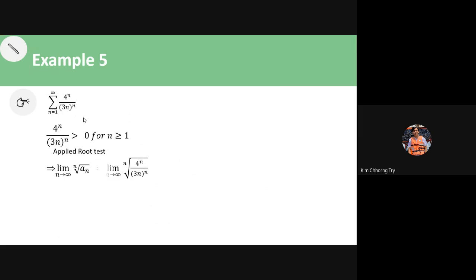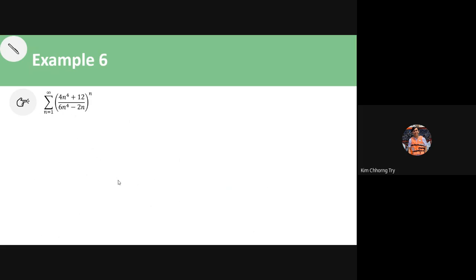We substitute the value of a sub n into the limit and calculate, and we find the limit as n approaches infinity of 4 over 3n. By the limit law, the answer is 0. Since 0 is less than 1, the series converges.